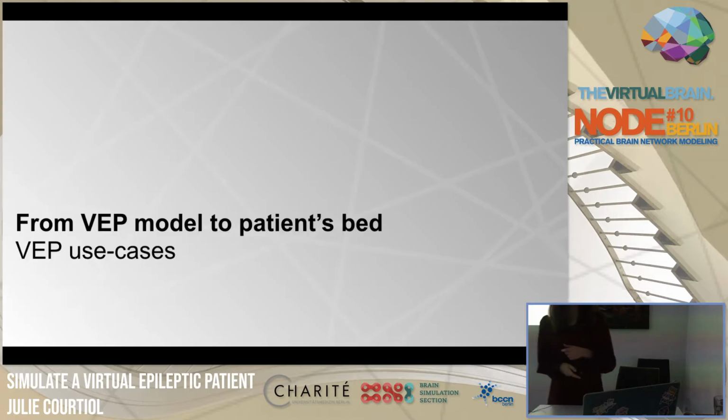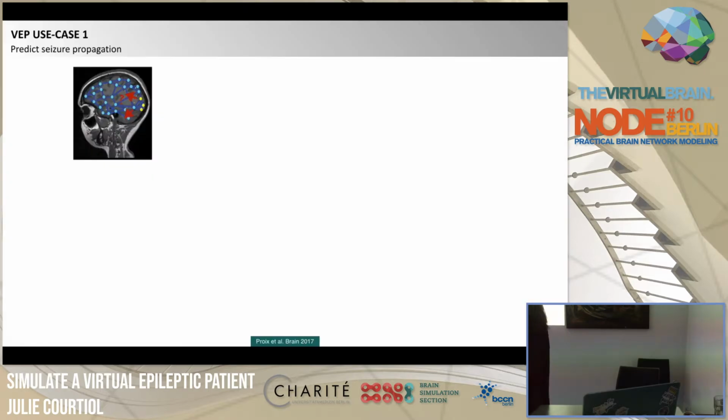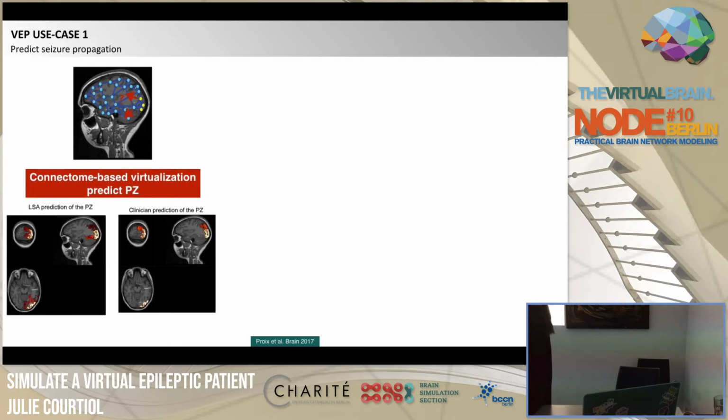Now I will show you some use cases, different studies that were done using the Epileptor. The first one used a linear stability analysis. They used the connectome of the patients and the hypothesis about the epileptogenic zone.